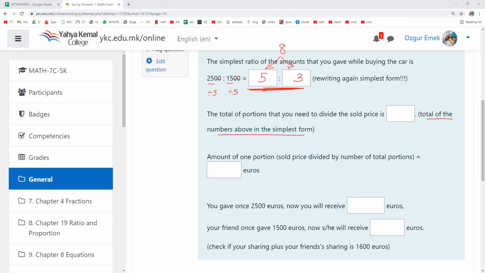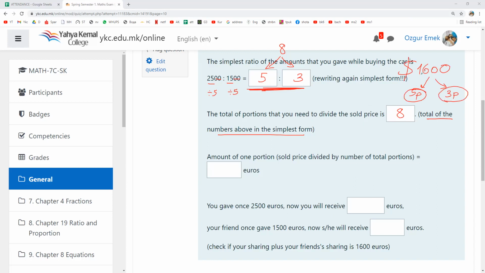So 5 plus 3, it's 8. So that means the 1,600 euros from the sold car will be divided into 8 equal parts. Five of the parts you will take, and 3 of the parts will be received by your friend.